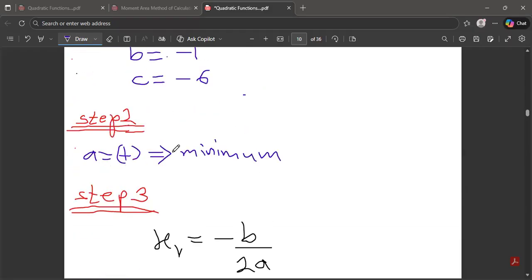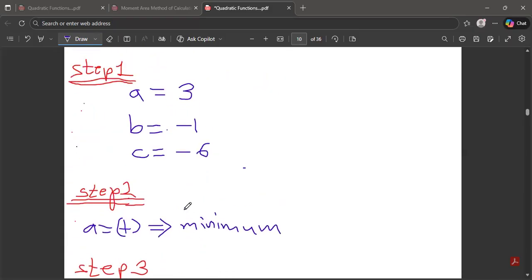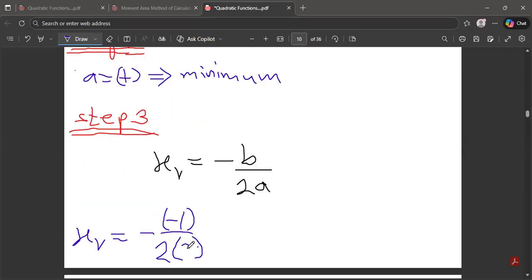And what is the value of our b? It will be -1. So negative -1, all over 2 into bracket. The a is 3. So I put my 3 over here. And at the end of the day, what am I going to get?